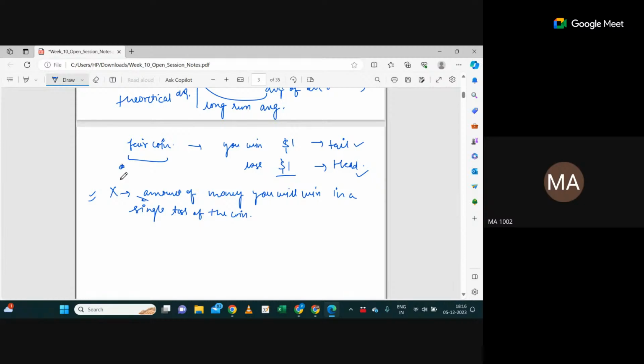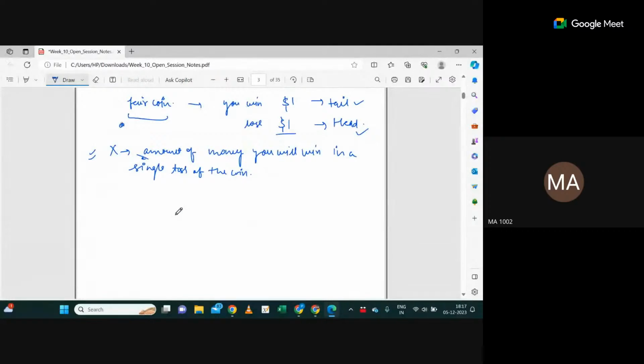Whether you will play the game or not is the question. Here I can find the expected value and decide. First of all, I have to find the distribution of x. What are the possible values my random variable x will take here?